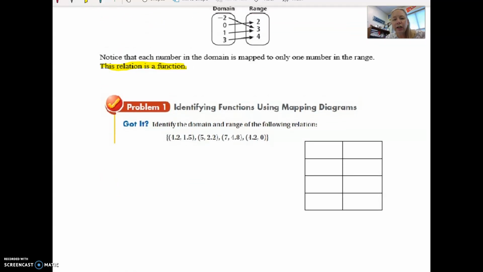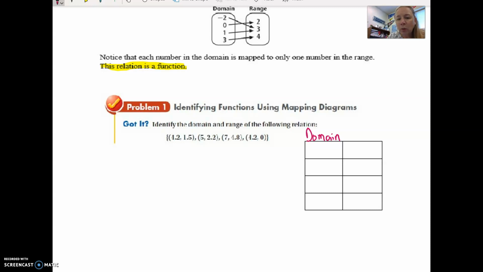So let's look here at an example, and we'll do another mapping diagram. So we're going to identify the domain and range, and then we're going to decide if it's a function. So of course here I'm going to have my domain. So I would list all of my x values in the ordered pairs.